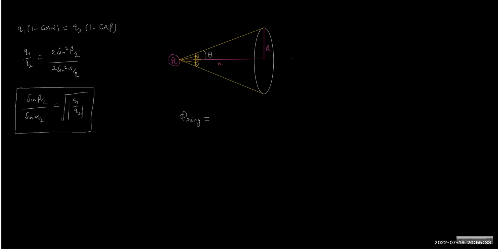So phi ring is Q by 4 pi epsilon naught into 1 minus cos theta. Cos theta is x upon root of x square plus r square. So it is 1 minus x upon root of x square plus r square.